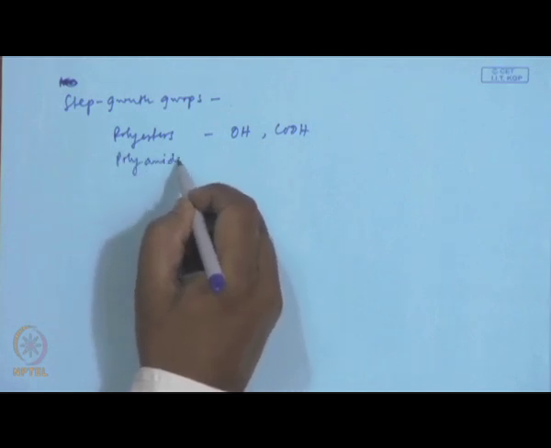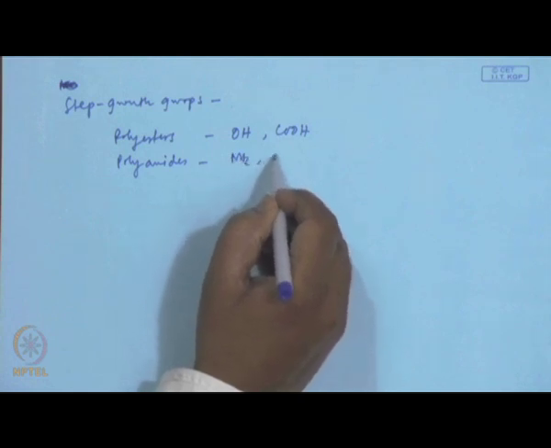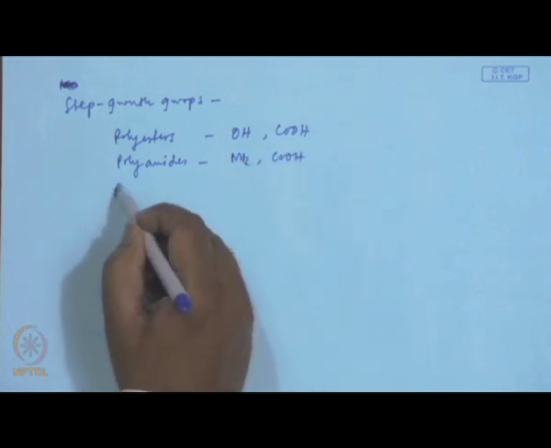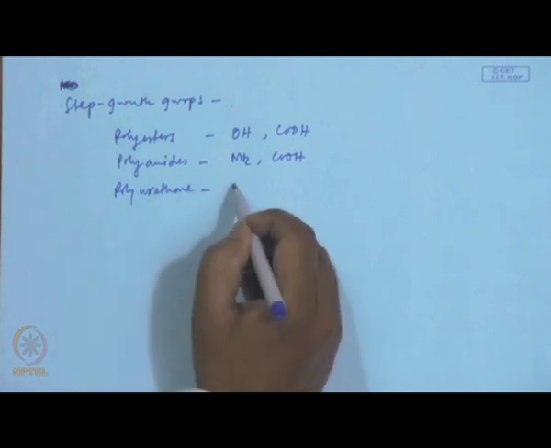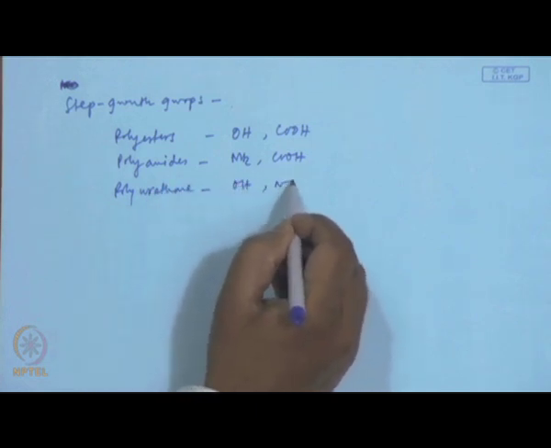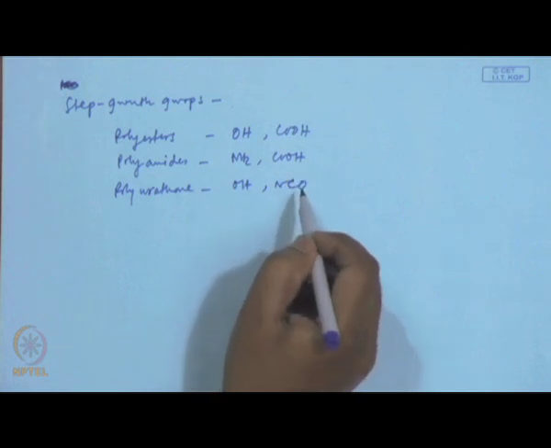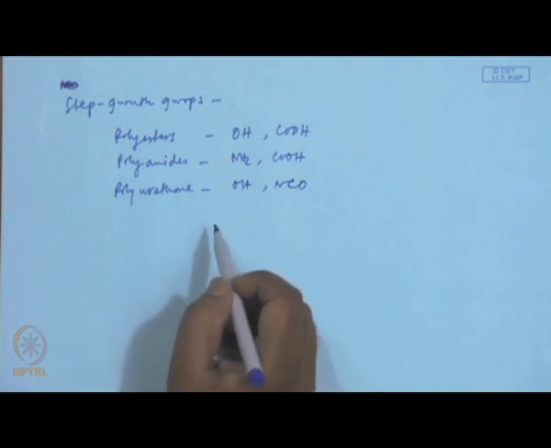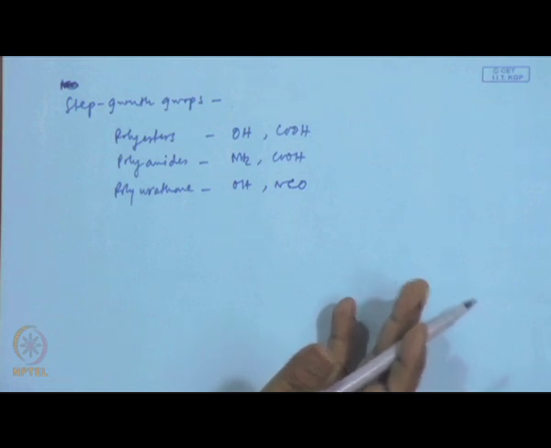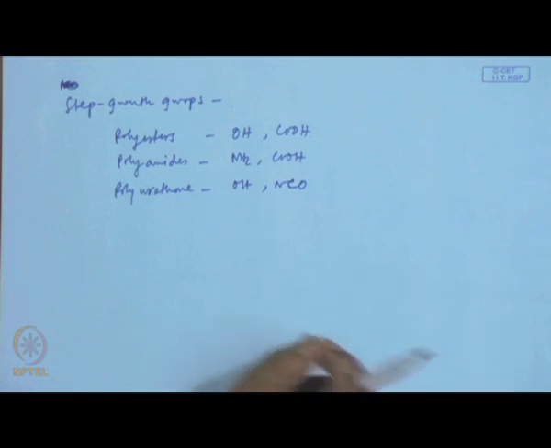Polyamides have NH2 and COOH groups, or polyurethane. So, these groups can be determined significantly. This is applicable again to low molecular weights, because when the polymer chain becomes very long, the contribution from the number of end groups becomes very small.